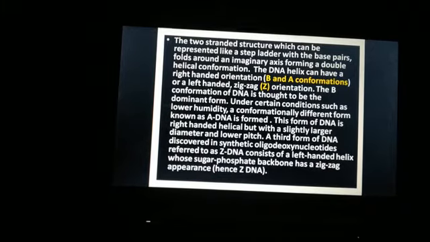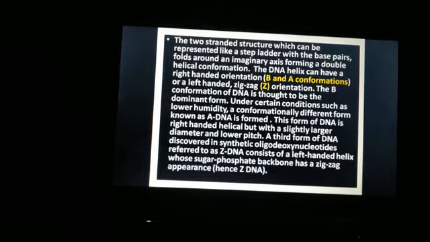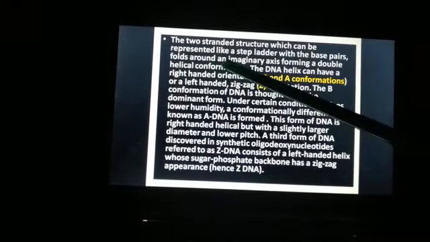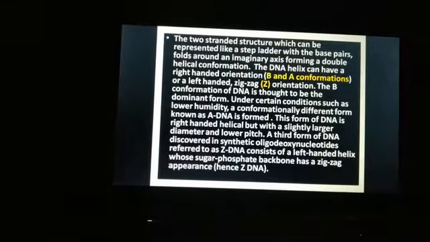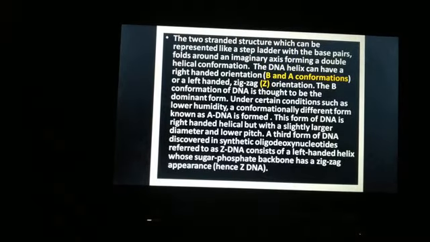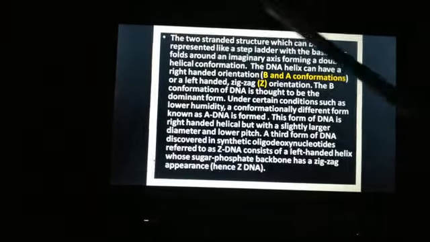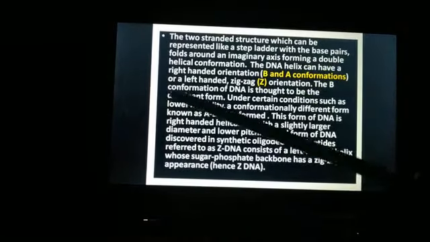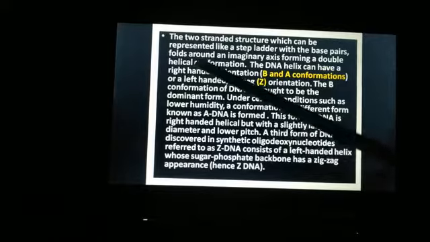Now, the two-stranded structure can be represented like a ladder with the base pairing folded around an imaginary axis, forming a double helical formation. So the DNA that we have studied can be of 3 different types.